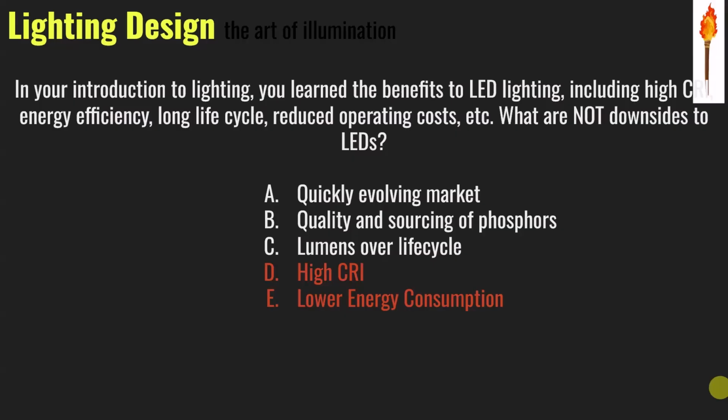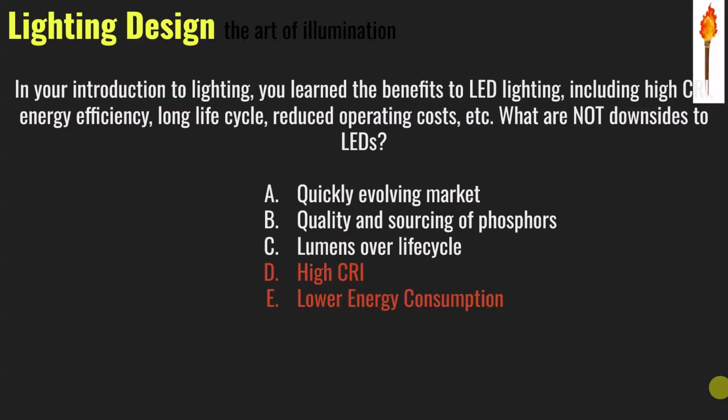Lumens over life cycle. So with LEDs, they do slowly decline. So instead of just suddenly the lamp failing like incandescent or fluorescent lamps, they just slowly get dimmer and dimmer. The original LEDs, that last time I checked at least, were tested for life cycle, how long would they last? They're still going.